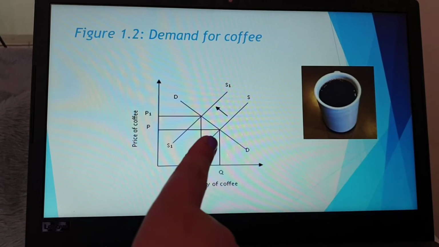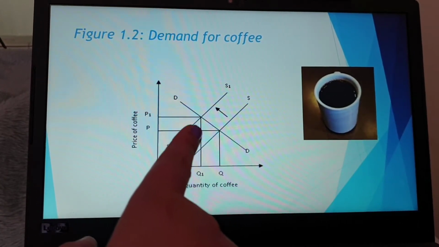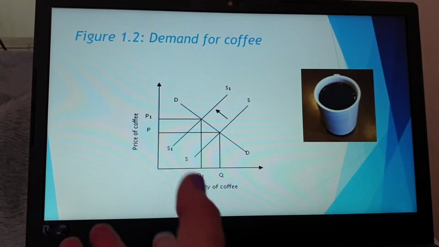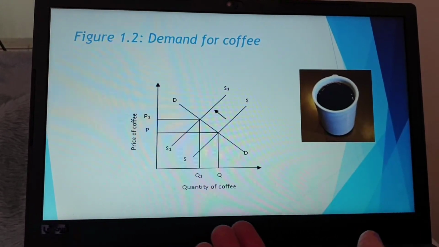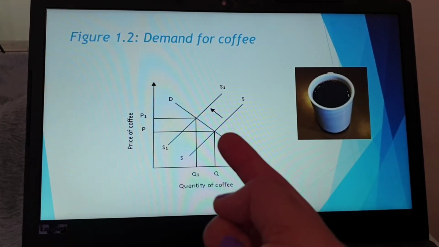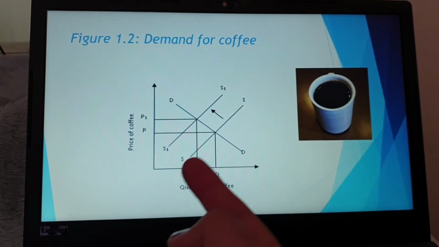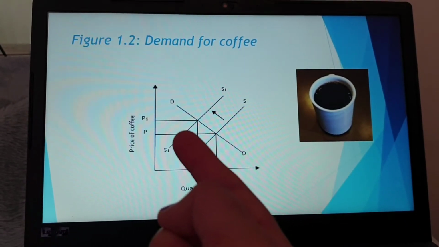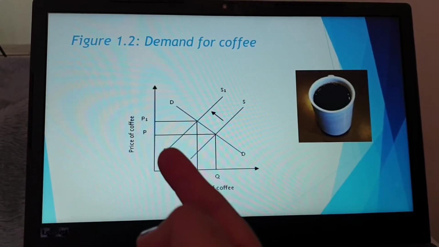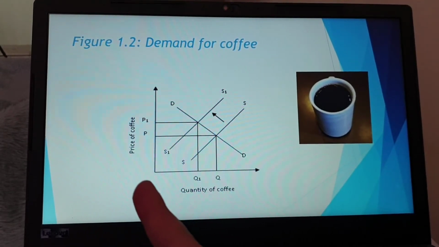So therefore, there will be a shift, first of all, in the supply of coffee, because they say because of a poor harvest. So there's not enough coffee. So the supply of coffee is going to decrease from S to S1, to the left hand side. Why does it decrease to the left hand side?